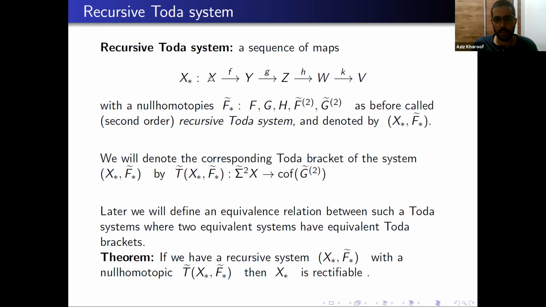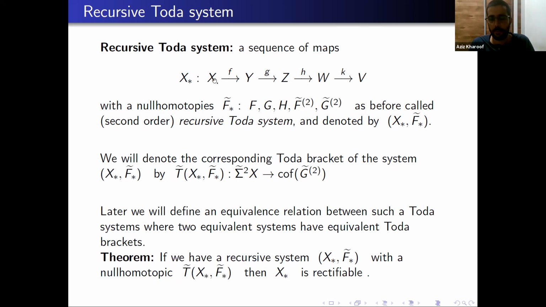What does rectifiable mean? Yeah, what I explained before, that you can change it up to homotopy by zigzag of weak equivalences to something where the composition is exactly 0, exactly constant, not just null homotopic.